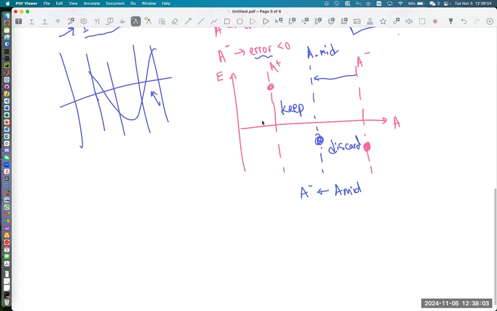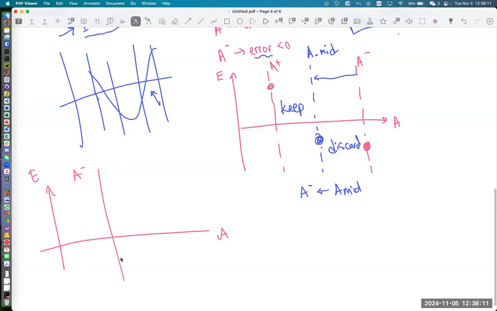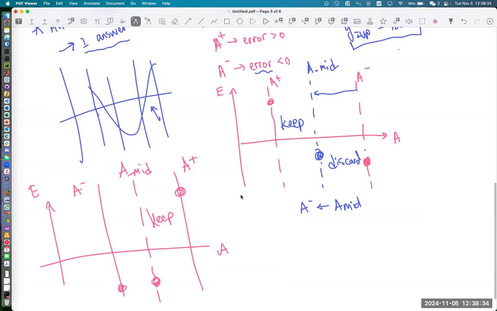Let's see. So if you mean if I have some, here I have a negative and a positive. If I have some A middle, and if I have here, I should keep this. Good point. So then the logic that I coded may have some logic issues.